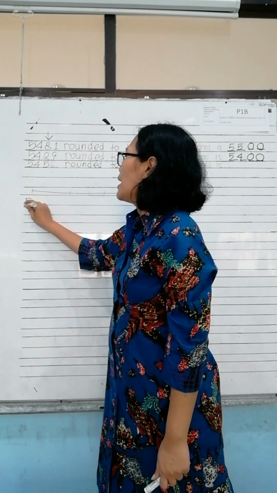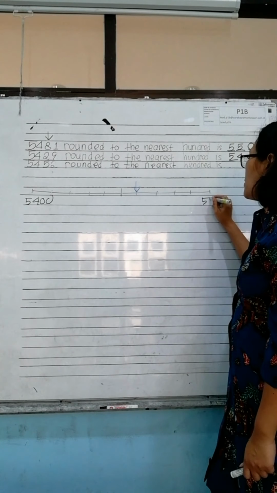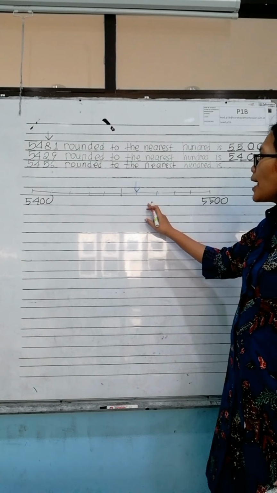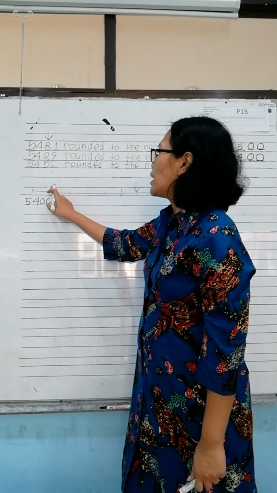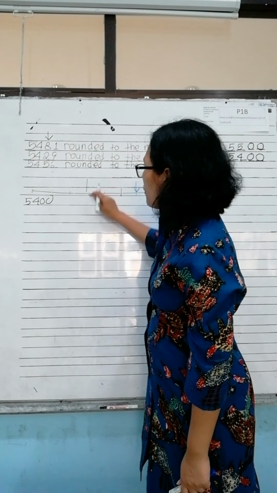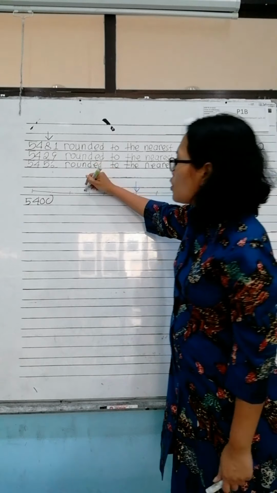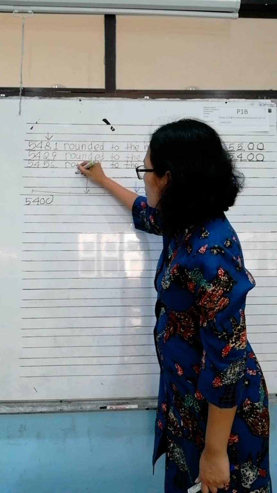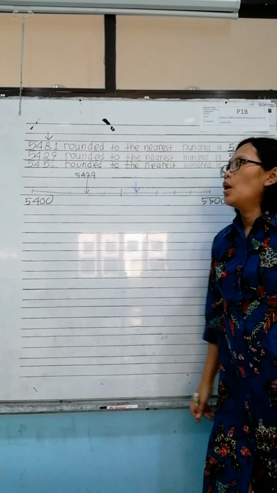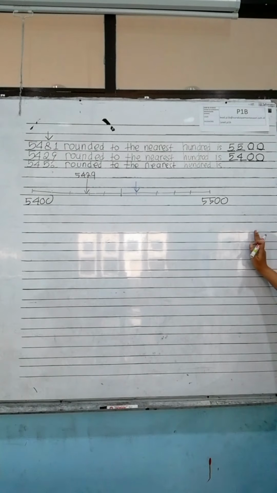Here 5,400, here 5,500. 5,429 is here. See, it's closer to 5,400 than to 5,500.